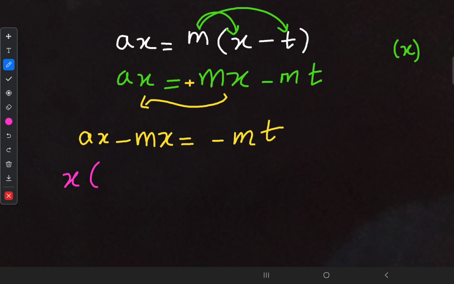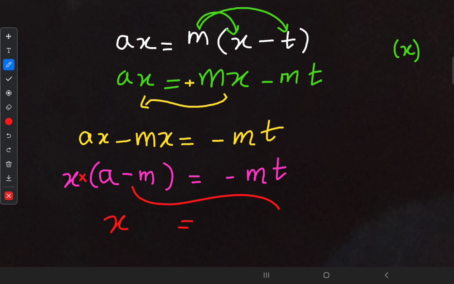When you select x as the common factor, in ax when you take out x, a remains. In negative mx when you take out x, negative m remains. That's equal to negative mt. Thereafter, to finalize our answer, we need x alone. x is multiplied with this whole bracket, so you cannot bring this negative m as a positive m.